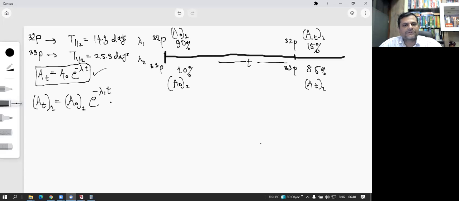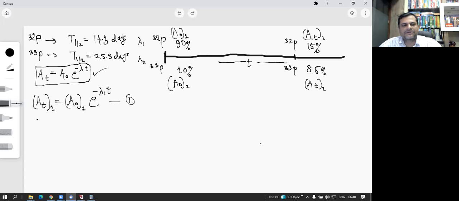This is equation number 1. At the same time we construct the second equation: the final activity of the second phosphorus is equal to the initial activity of the second phosphorus into e raised to minus lambda 2 into t.